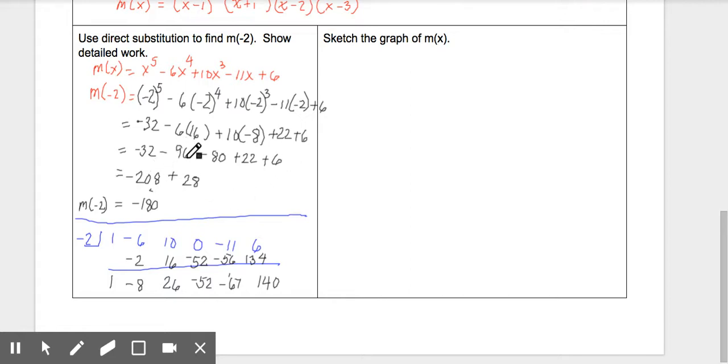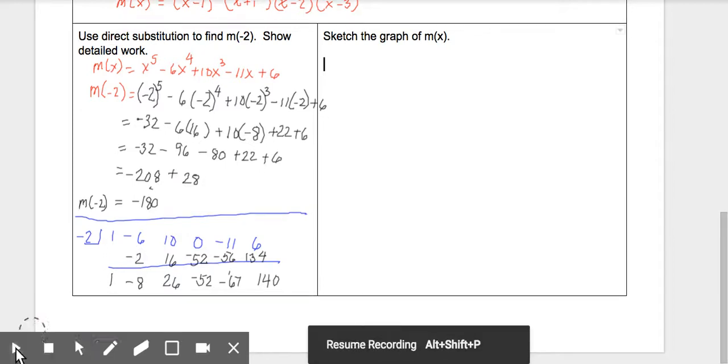So 2 plus 6 is 8, plus 0 is 8. 3 plus 9 is 12, plus 8 is 20. 20. So negative 208 plus 28.